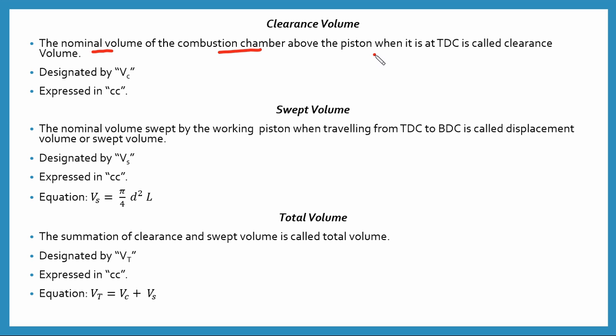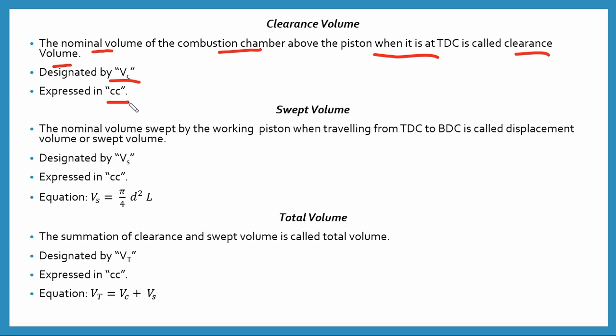When the piston is placed at TDC, or top dead center, the nominal volume available is called the clearance volume. This clearance volume is designated by Vc and expressed in Cc. Cc means cubic centimeter, the short form of cubic centimeter.